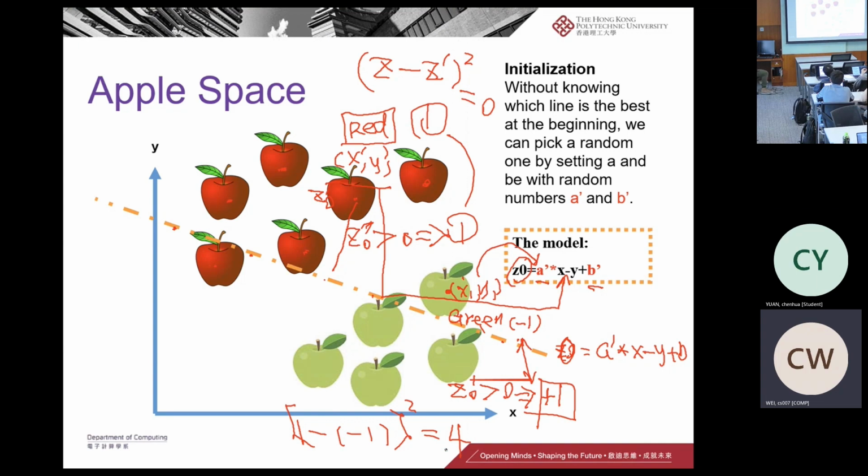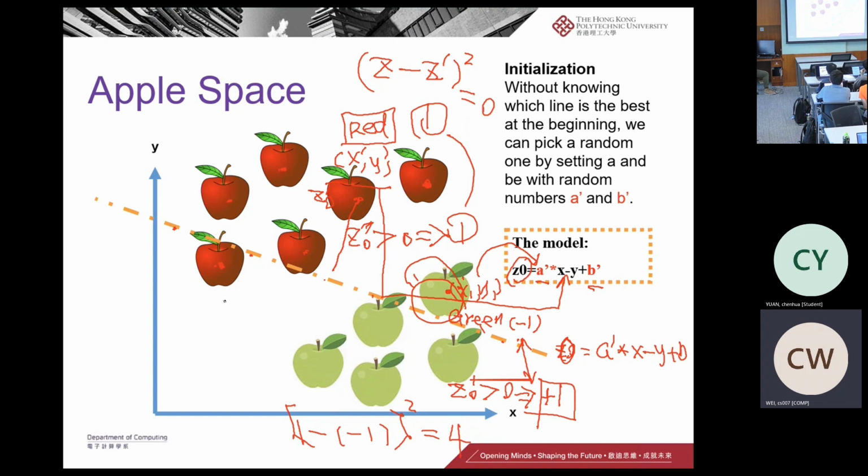So you will see here, if it does the classification right, it will give you a smaller number, right? If it's doing the classification wrong, like for the red apple here, it will give you a 4, which is a larger number, right? So it actually happens the same.